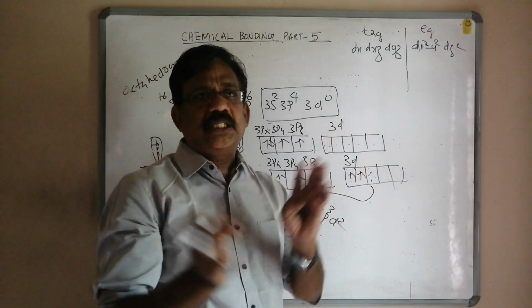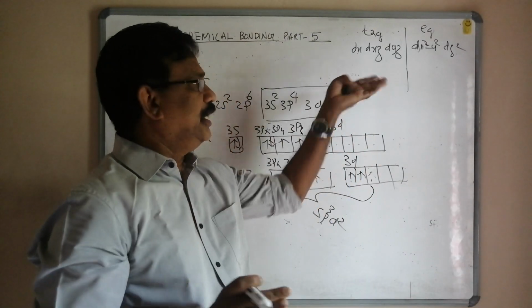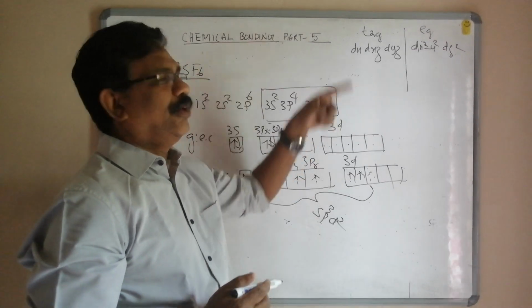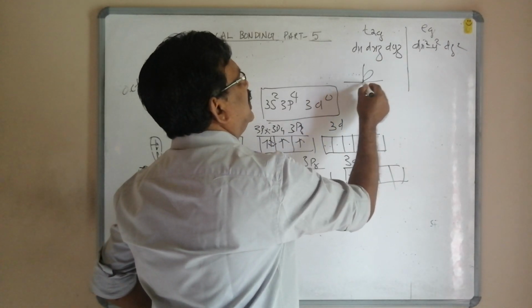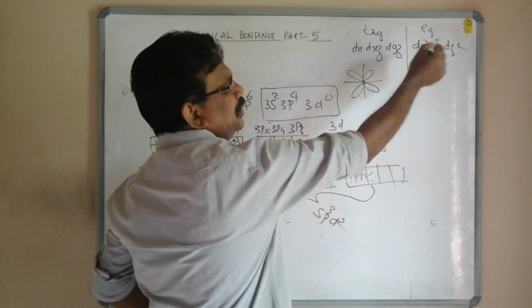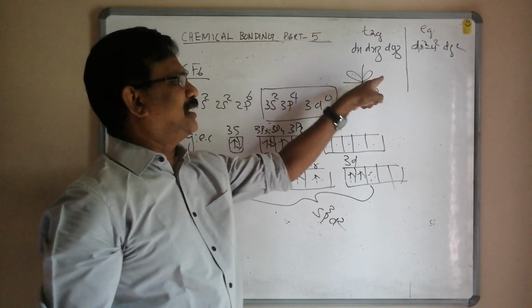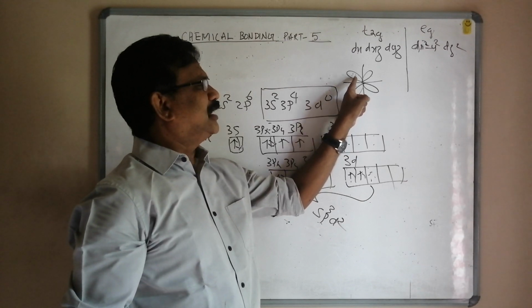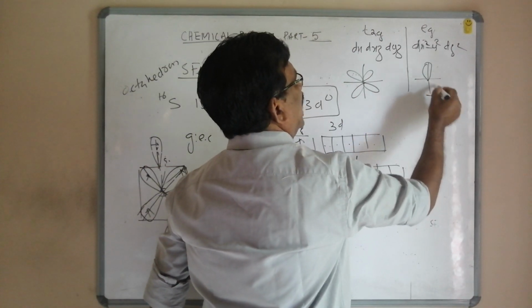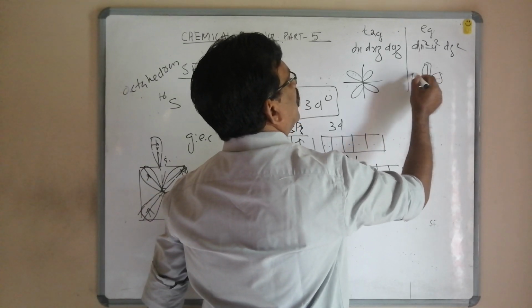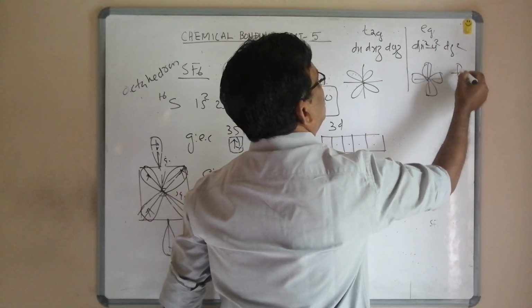We will discuss these things in coordination chemistry, crystal field theory. For the t2g orbitals, dxy, dxz, dyz, the orientation is between the axes. These two orbitals, the orientation is along the axis: this is dx square minus y square, and this is dz square.